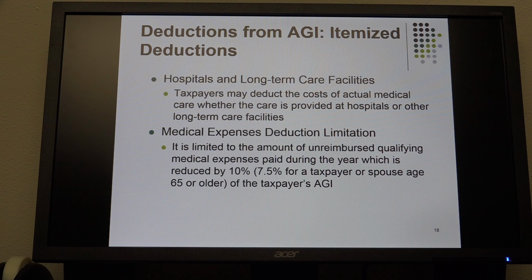You may be getting around-the-clock care for your medical condition, but you're also getting a roof over your head and food in your belly. Because of that, it could look like, well, they're just choosing to live here for the food and the roof over their head. You have to meet a little more stringent requirements.